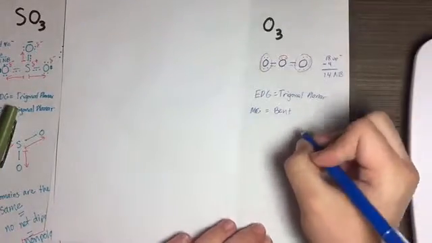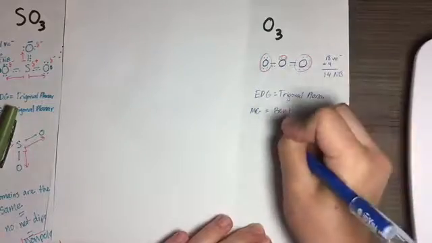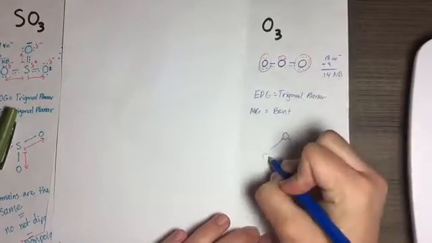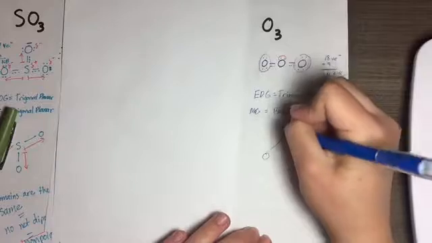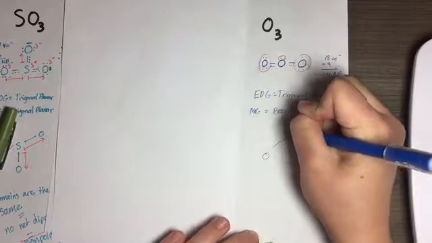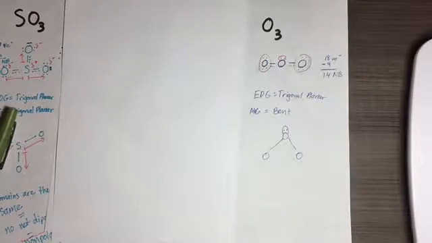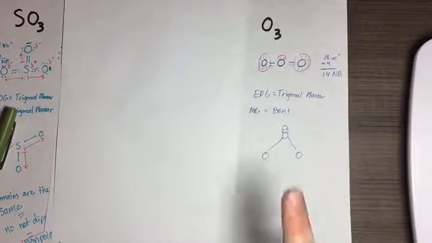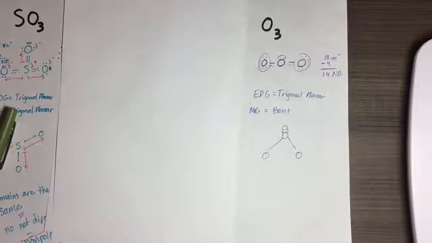So let's draw out our molecular geometry. We have an O here, O in the center, and then we have our one pair of non-bonding. Again, there's no net dipoles since they're all 3 the same atoms.